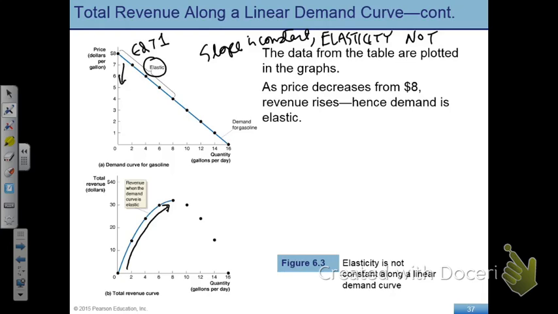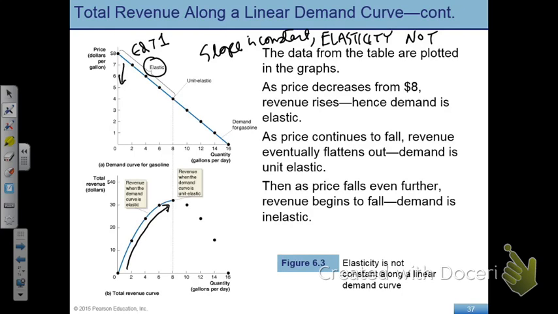In the lower region, from 4 to 1, when we were cutting prices, your total revenue were going down. So in this region, elasticity of demand is smaller than 1. This is called inelastic demand. And between the elastic demand and inelastic demand, we have a point where elasticity of demand is just 1, meaning that it is unit elastic.